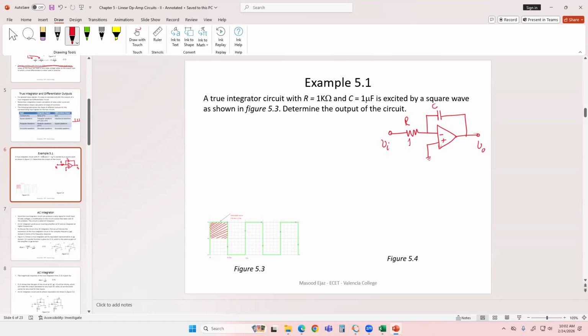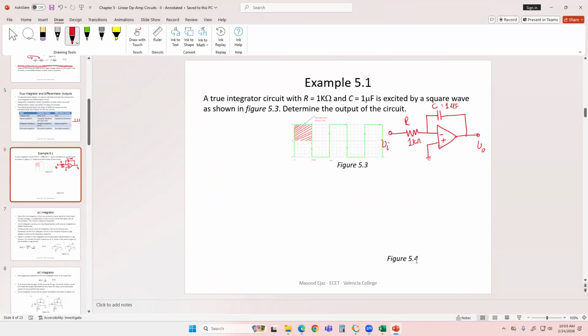R is 1 kilo ohm, and the capacitor is 1 microfarad. And this is the input to the integrator. So I'm just going to move it here. This is what is given as the input. Determine the output of the circuit.